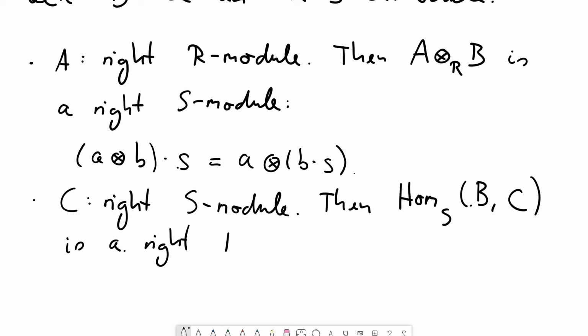Is a right R module, never mind. So what's left in the bimodule B is still the left R action, and I can use this to declare a right R module structure on the Hom set. And I do so as follows.